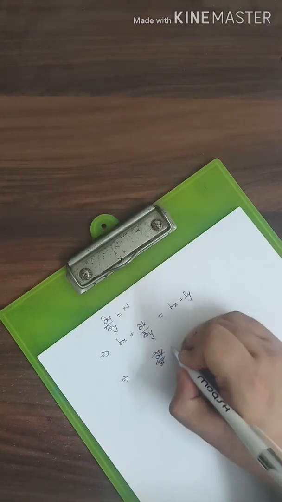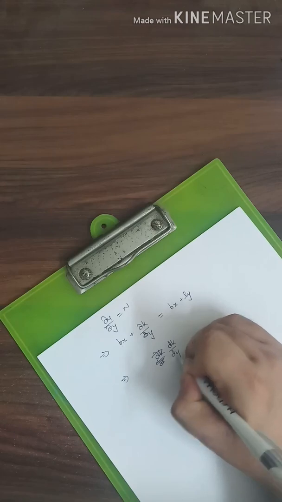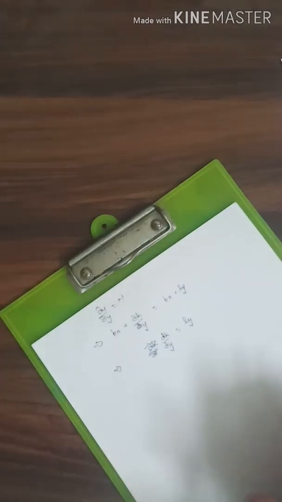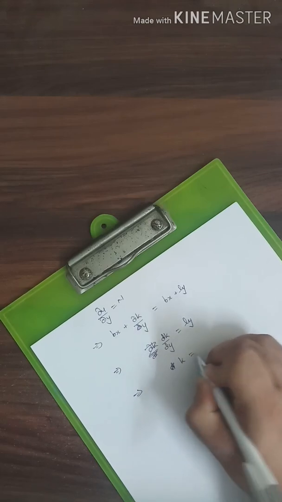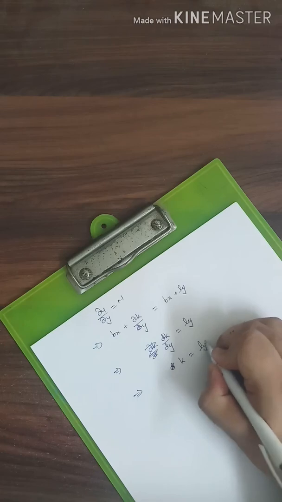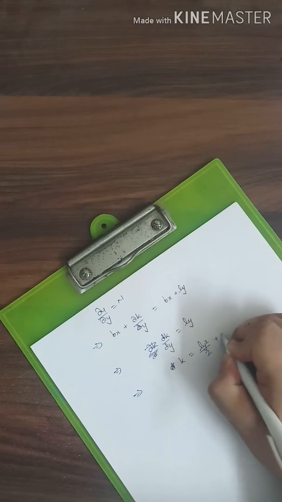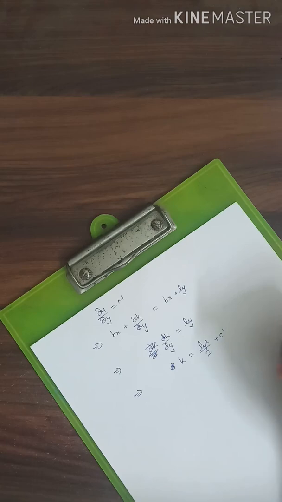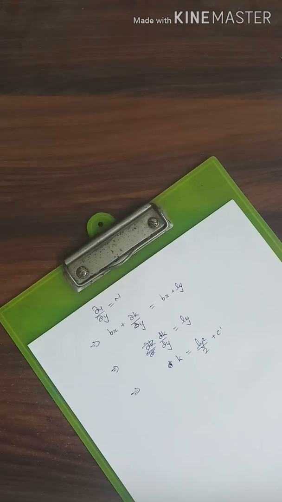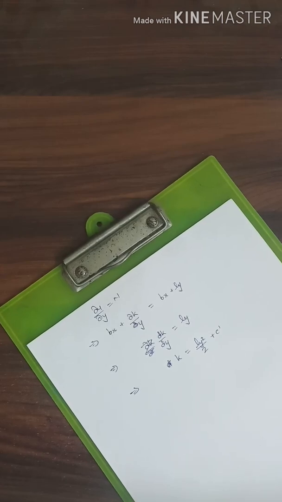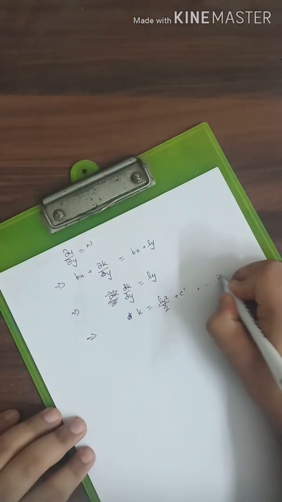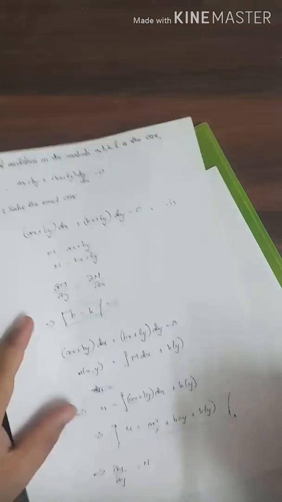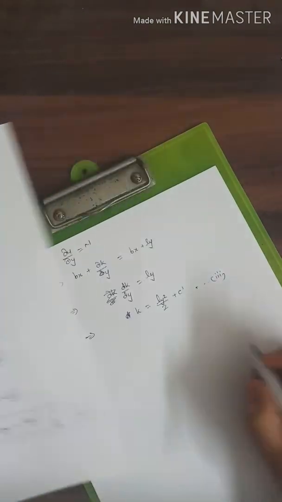So instead of dou k, we can straight up write dk by dy is equal to ly, giving us k is equal to ly square by 2 plus c dash, because we might need to alter the constant. So c dash is basically a constant. This is the third, consider this as the second part.